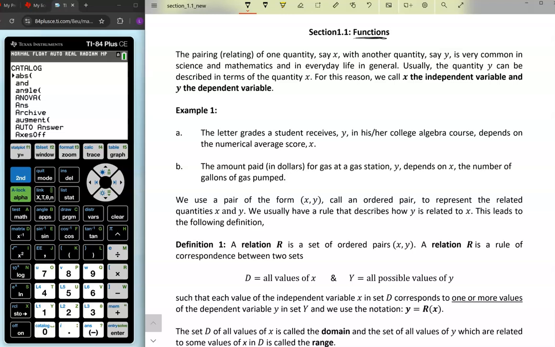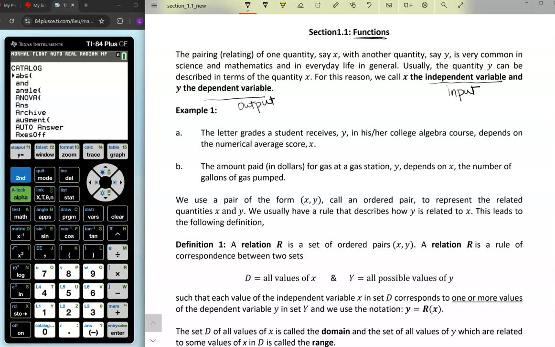talk about relations. Now, before we get to that, let me remind you that when we're working with functions and relations, we usually have something called the independent variable and the dependent variable. And the independent variable is considered the input into some sort of rule, and the dependent variable is usually considered the output.